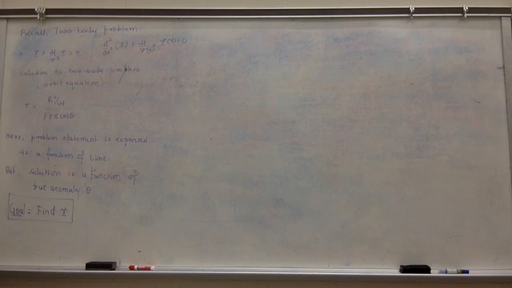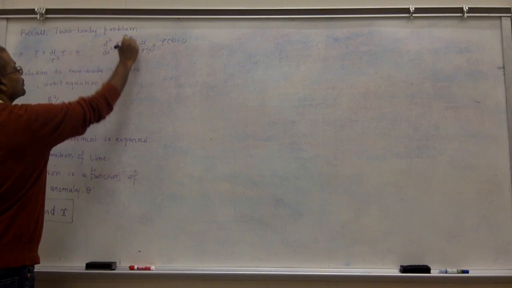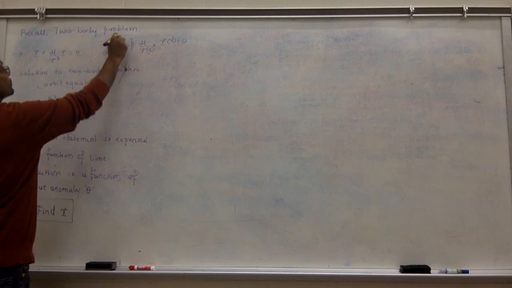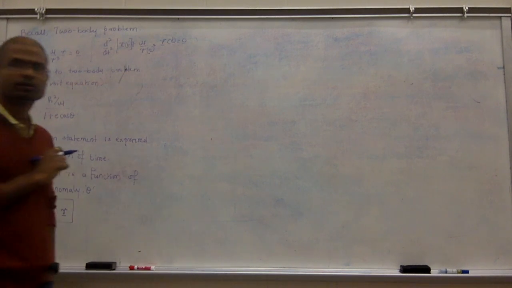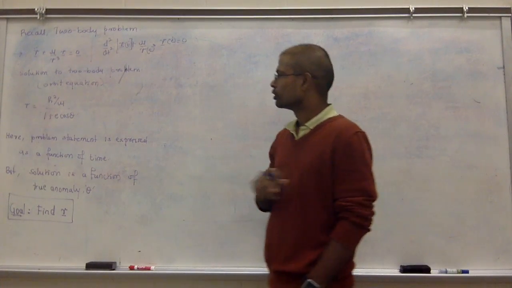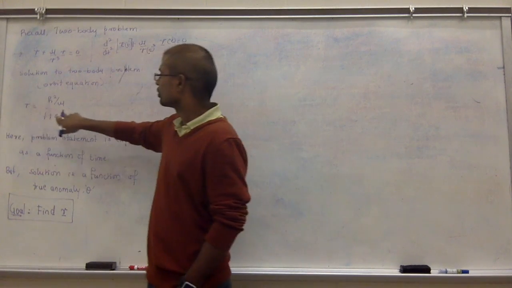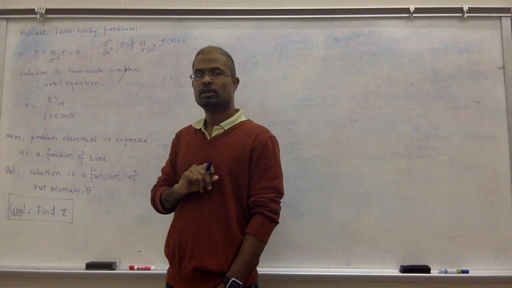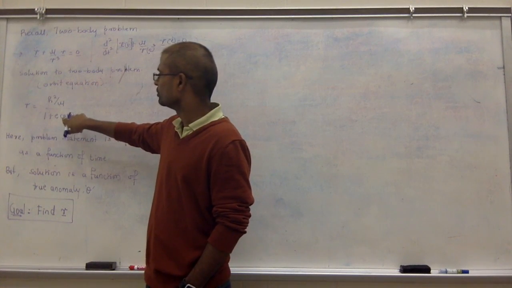Okay. So if you see here, you see why it is a function of time now? Because R itself is a function of time. R is varying as a function of time. When you take the derivative, you are trying to figure out how it is changing with respect to time. But here, this R is more of a function of theta. So what is the variable? The variable is actually theta.